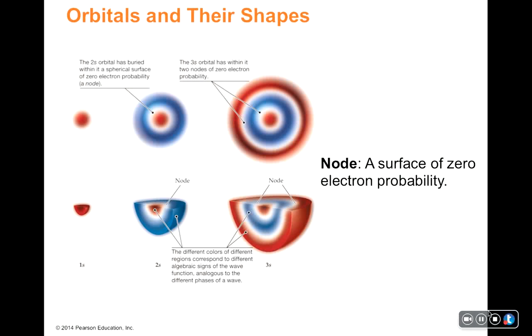So in terms of their shapes, this is showing you an s orbital. What I'd like you to pick out from this is that an s orbital is spherical in nature. And I should have said this by now, but orbitals, as they relate to our understanding of atoms, are defined as the most probable place to find an electron.